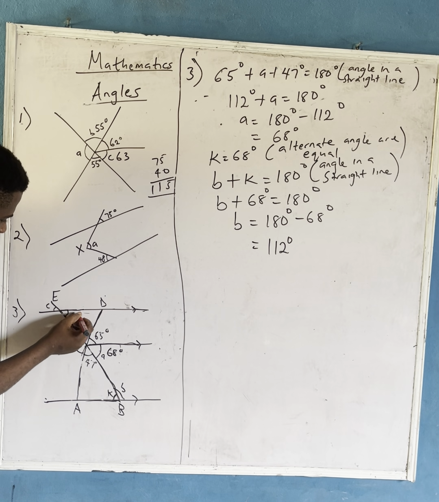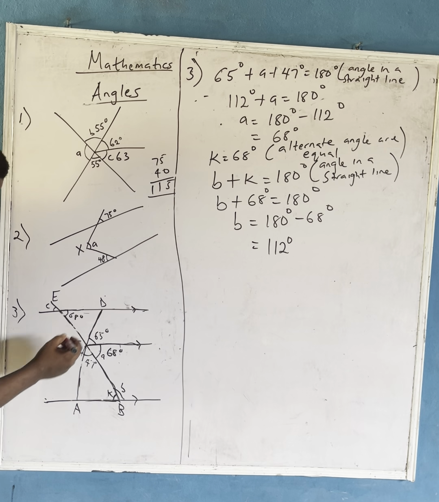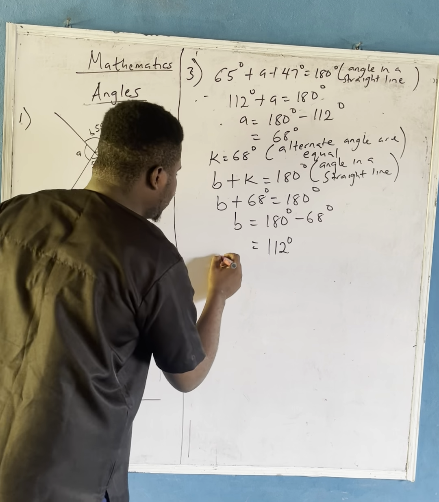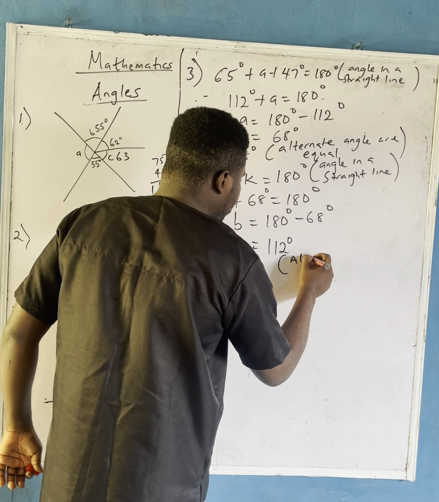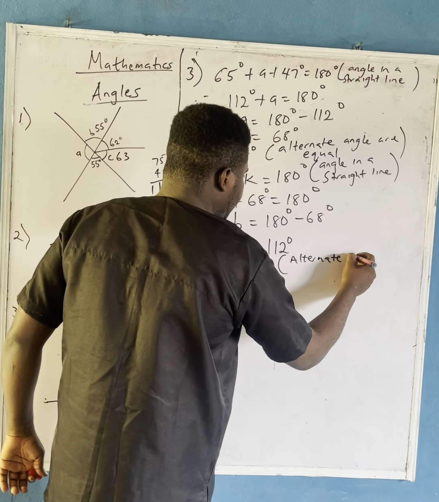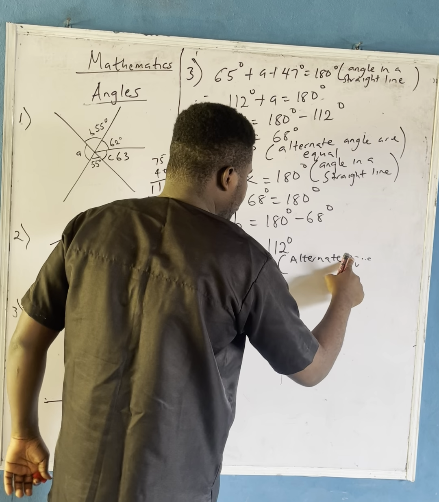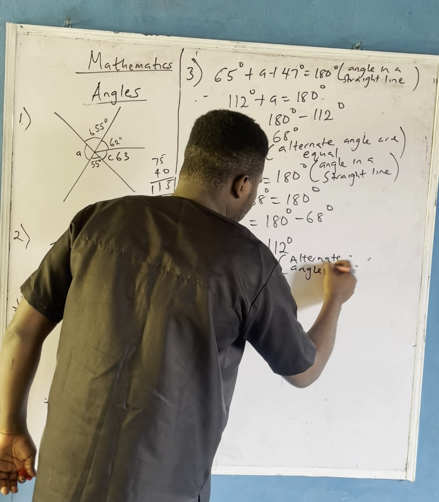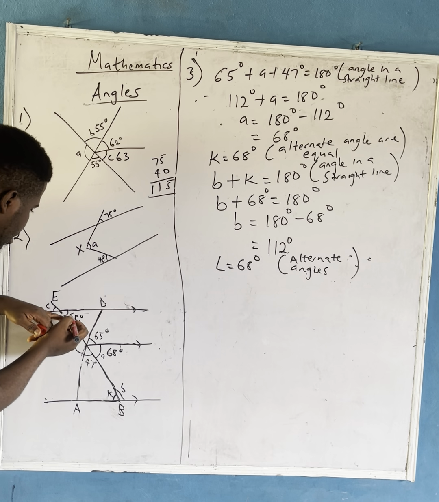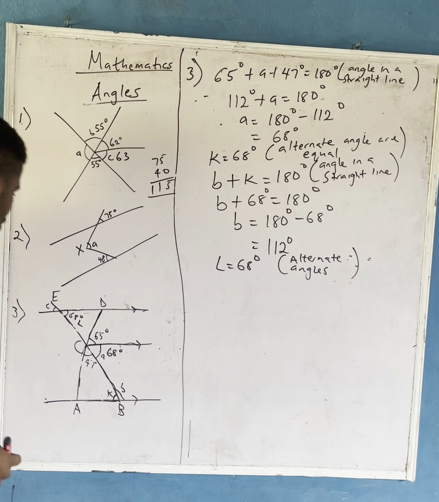So this angle here is also 68 degrees. Let me call it L. So L is equal to 68 degrees. Alternate angles. So this is equal to 68 degrees.